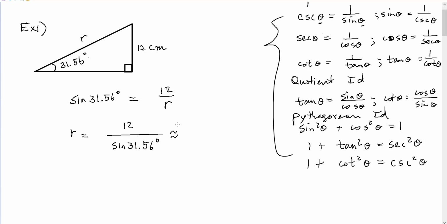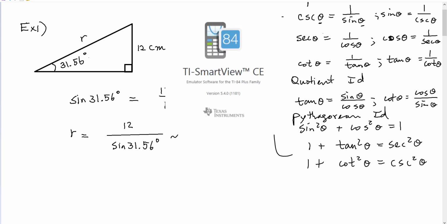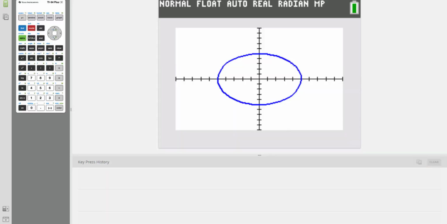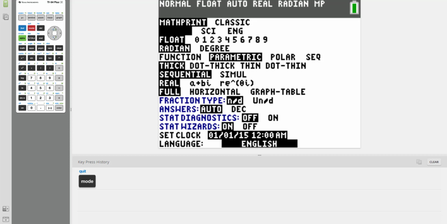Make sure your mode is in degree mode. Okay, so you checked your mode, right? The mode should be degree, not radian.